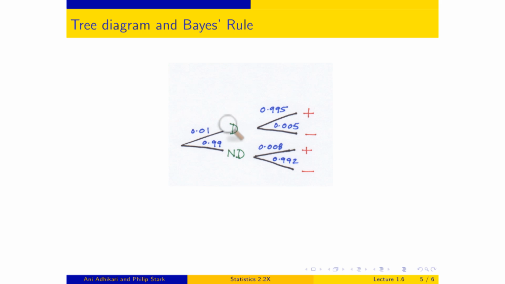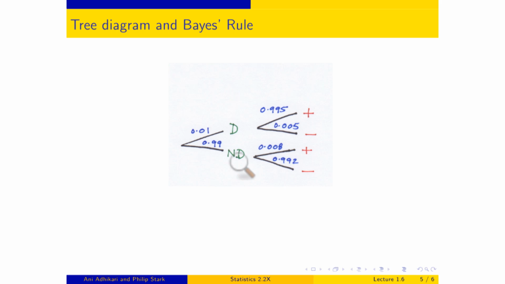Given that somebody has the disease, the chance that they test negative, that is an error, is 0.5 of 1%. That's 0.005. And therefore, given that they have the disease, the chance that they test positive is very high, 0.995.